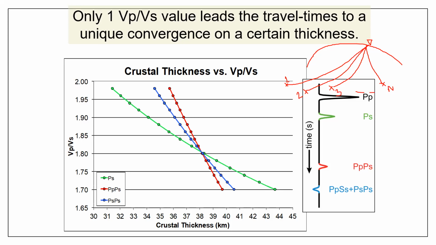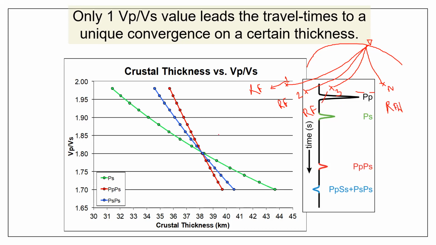For each earthquake, you can compute your receiver function, right? This is your receiver function 1. For the second earthquake, you have computed your receiver function, for the third earthquake also, RF2, RF3, and this is RFN.